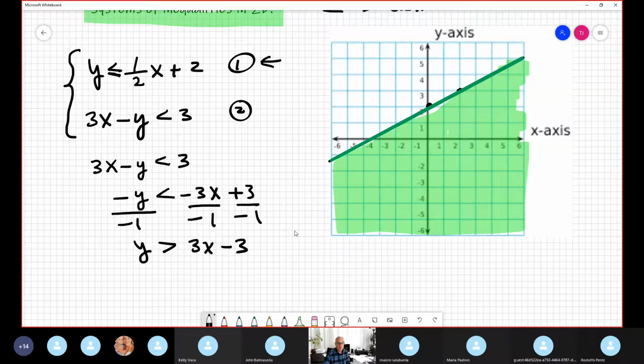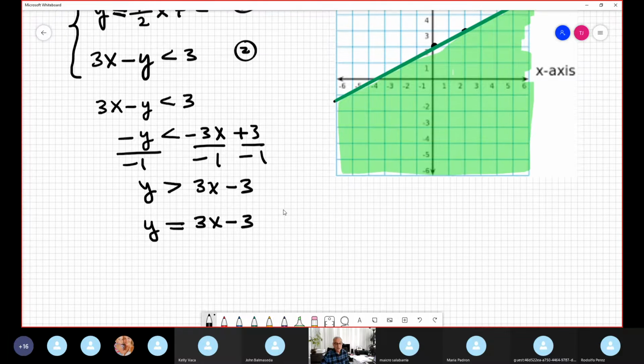Now, immediately after that, you convert to an equation because the equation gives me the related line to split the plane into semiplanes. And for the y-intercept, again, we compare. This is y equals mx plus b. B is negative 3, here on the y-axis.